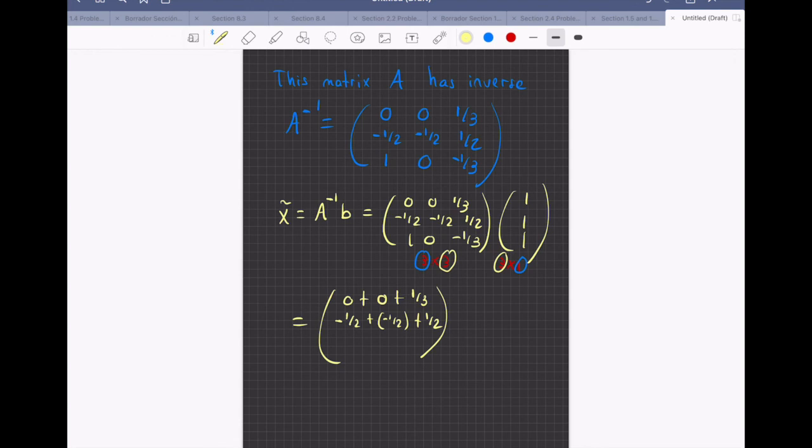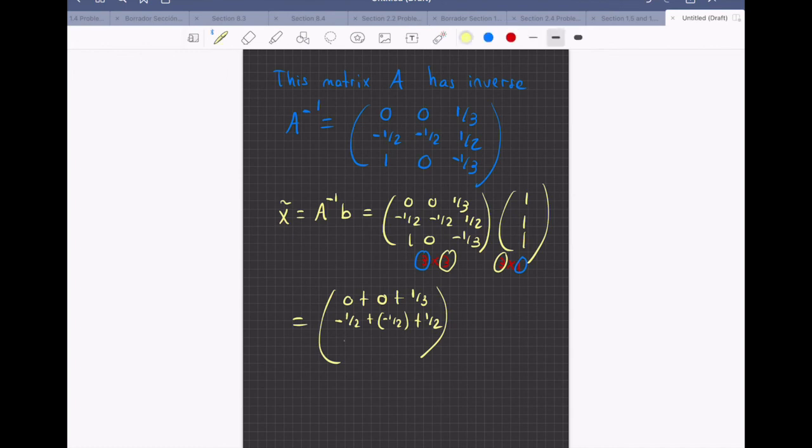I computed this with row 2 times column 1. This times 1 plus this times 1 plus this times 1. And the same for this one: 1 times 1 plus 0 times 1 plus negative 1/3 times 1.